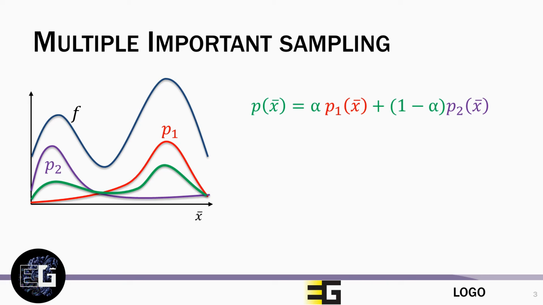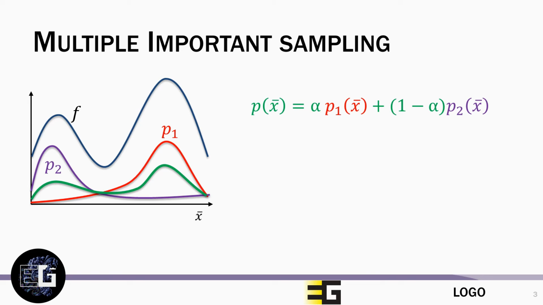A successful compromise is the concept of multiple importance sampling, which uses a mixture of probability densities, where each density is good for easy sample generation, but typically fails to mimic the integrand alone. However, by approximately mixing several densities, the approximate proportionality can also be satisfied.